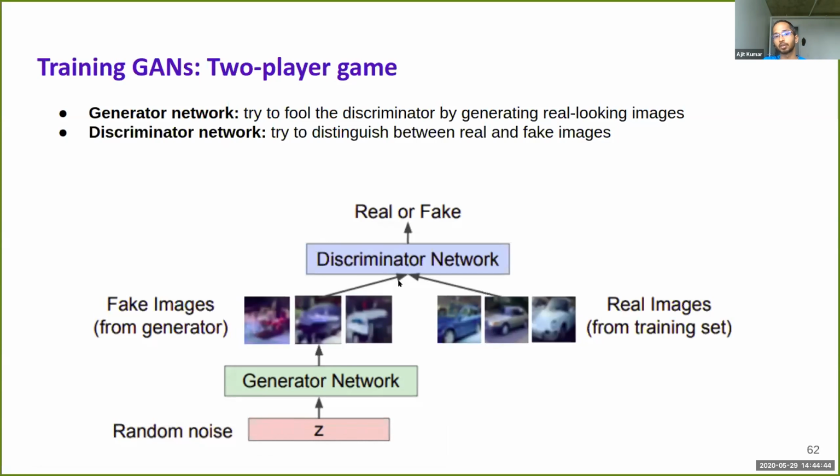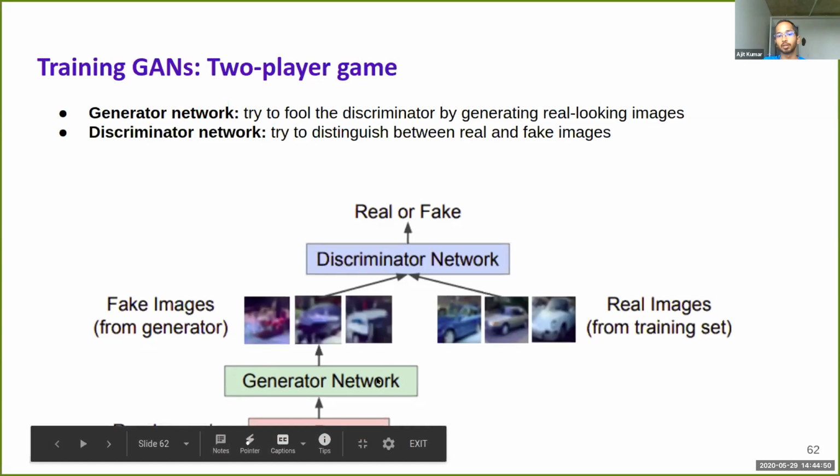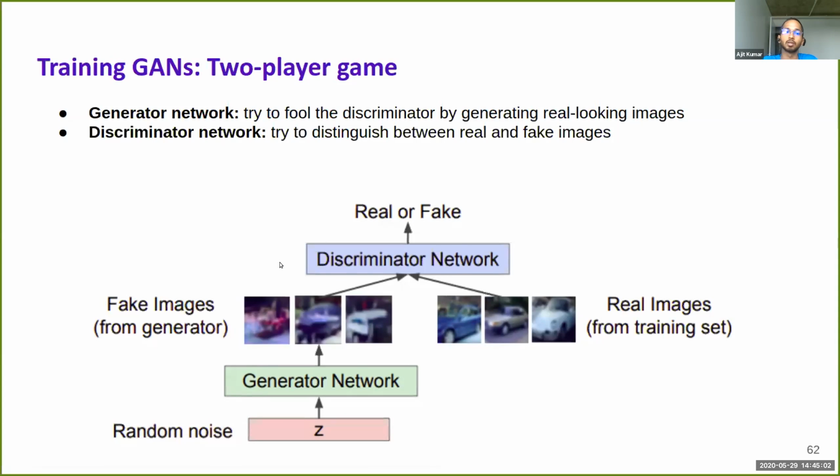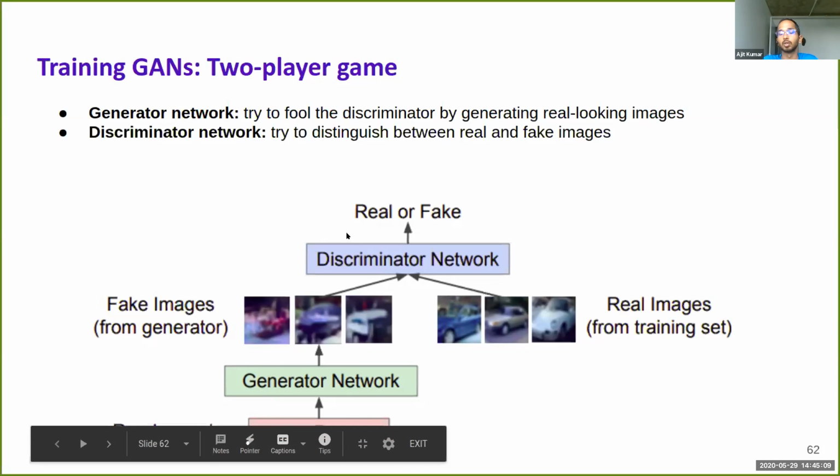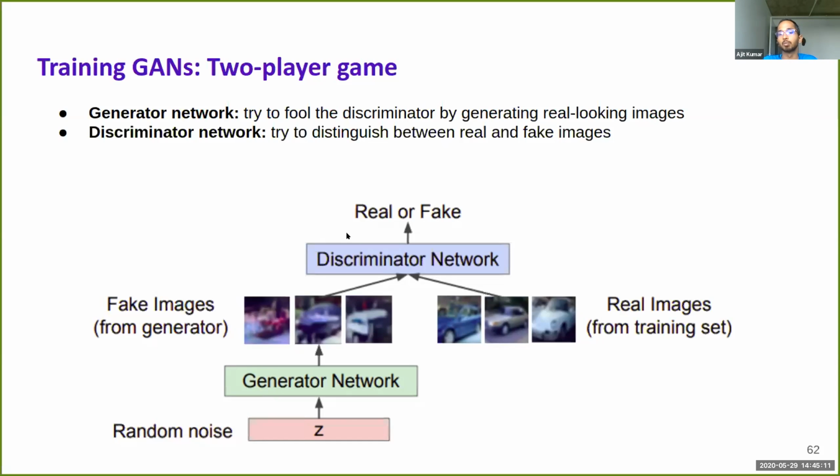That's why it is called an adversarial method, where the discriminator is trying to fool this network and saying that the generated images are fake, whereas the generator is trying to learn to generate good images so as to fool the discriminator. So it is called adversarial, but we can also think of it as being cooperative, where both of the networks are trying to give feedback to each other so that they are both learning over time.